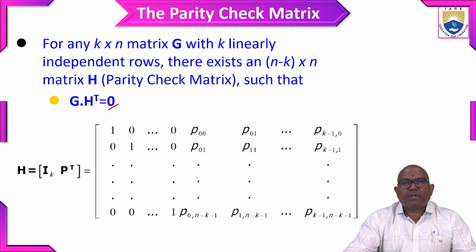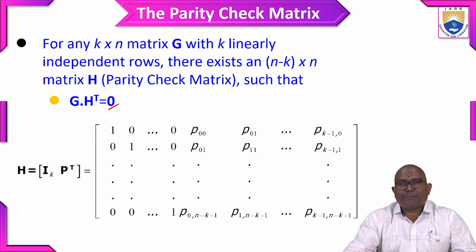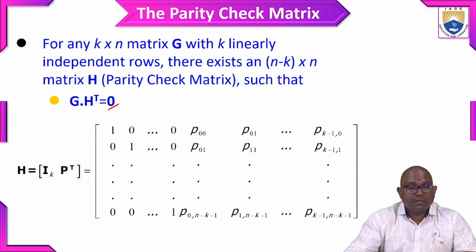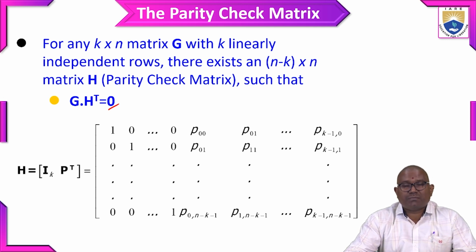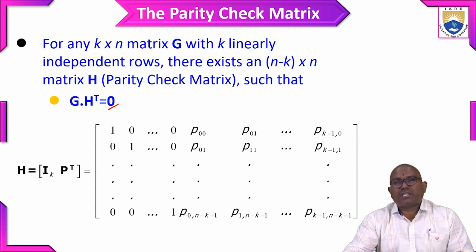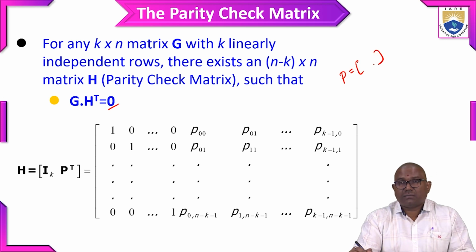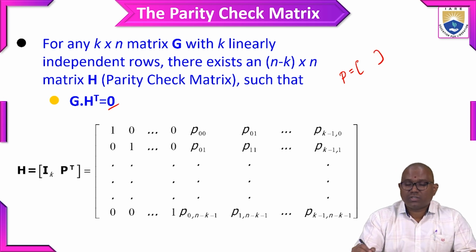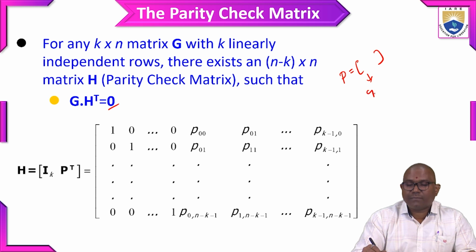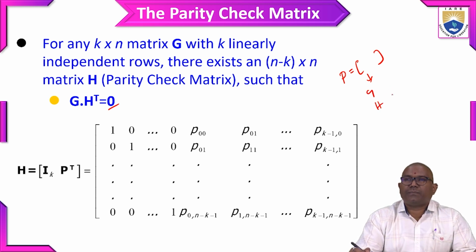So previously you saw G equal to P I_K form, whereas the H matrix, that is the parity check matrix, is in the form of I_K P transpose. Why? When you are given the coefficient matrix, by using this coefficient matrix, you can generate G and you can generate H also, simply.